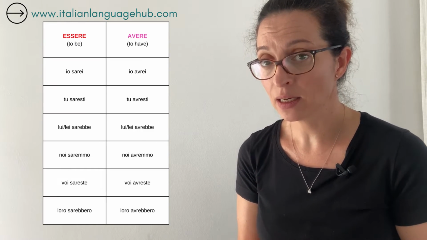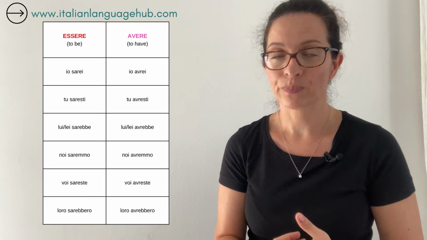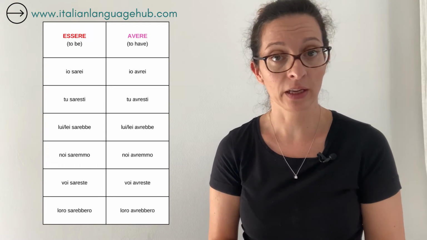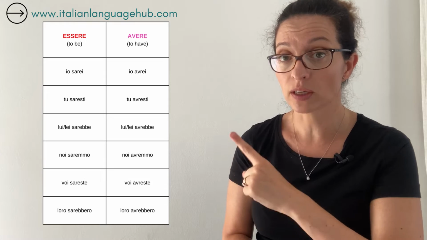What am I talking about? I'm talking about the verb essere and the verb avere. These are irregular, and this is the conjugation that you need to remember when you're talking in terms of conditional. Let's look at them together.